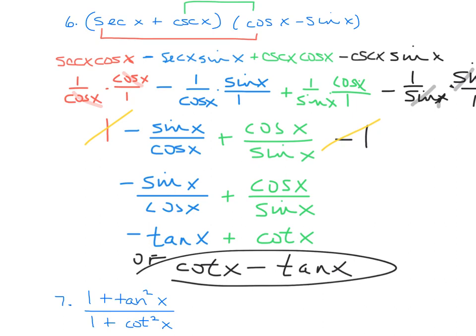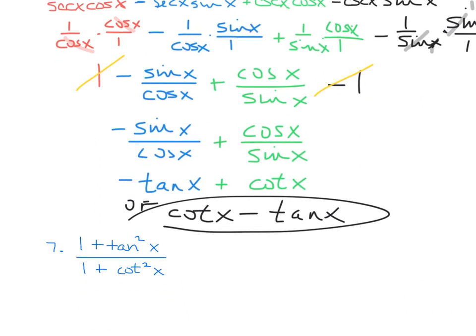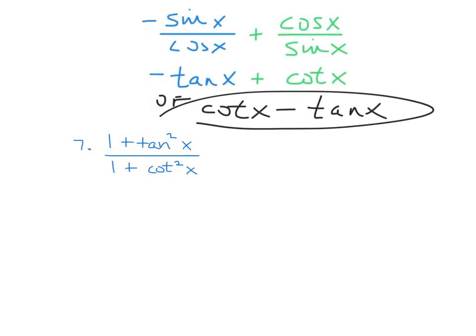One more example. These are actually already Pythagorean identities. So I'm just going to replace and then turn it into its reciprocal. So for number 7, the numerator is one of the identities you should memorize.